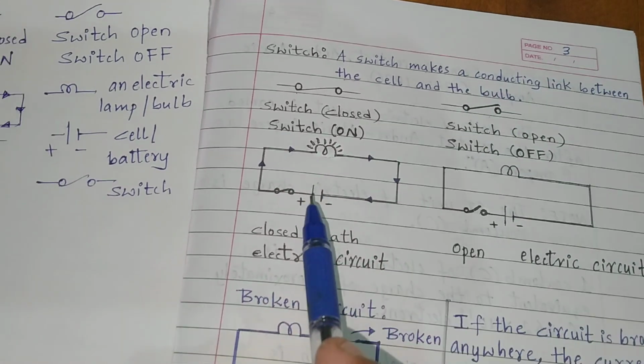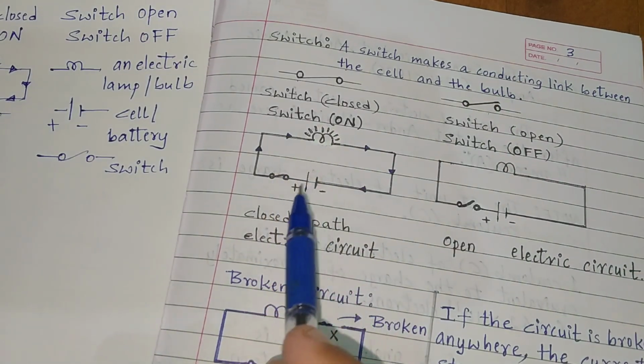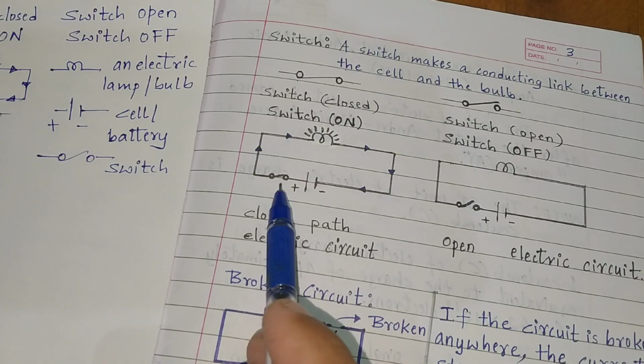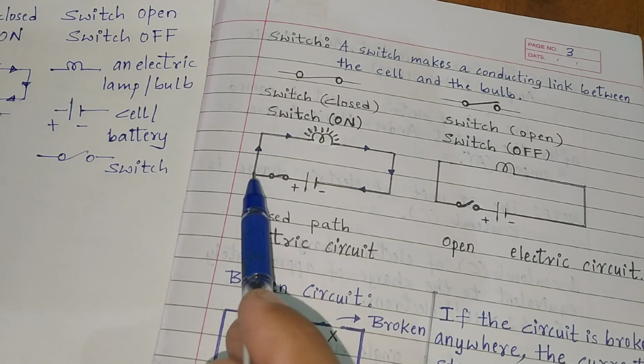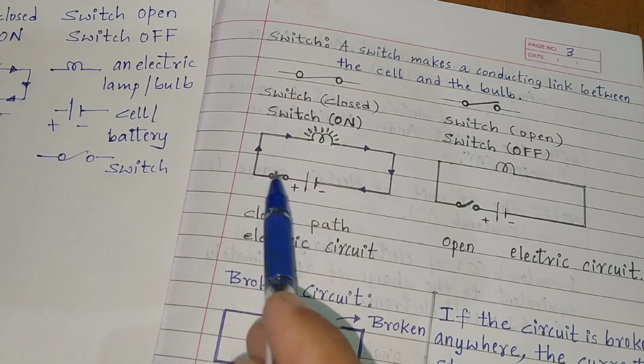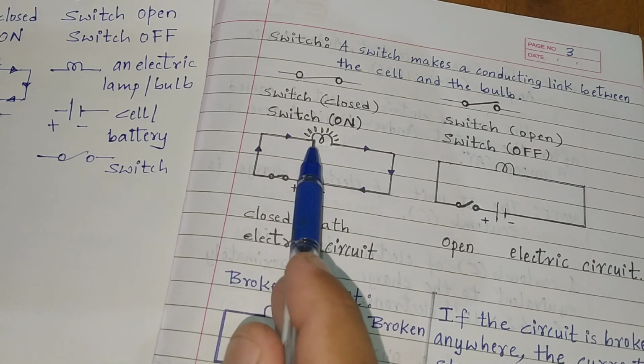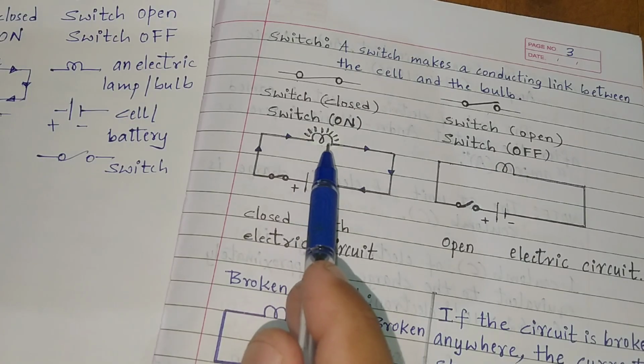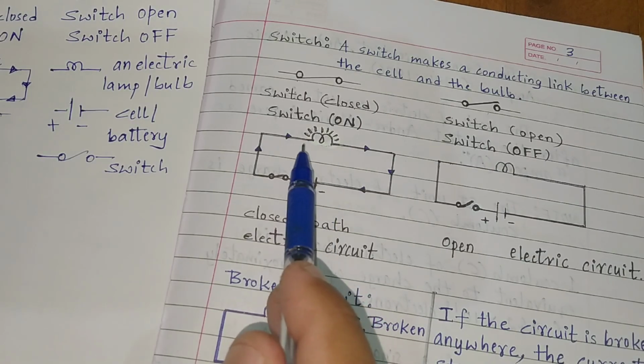Now see here, dear students, plus minus a cell or a battery. Now switch is closed, we can say as switch on. Now a conventional current is flowing from a positive terminal to negative terminal, passing through an electric lamp or bulb.